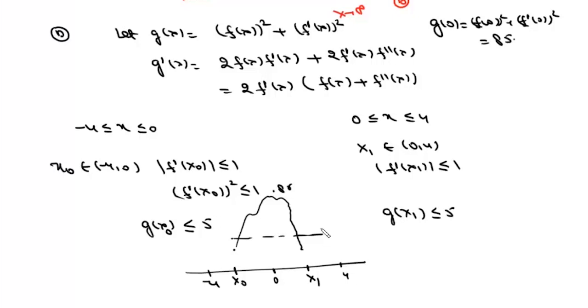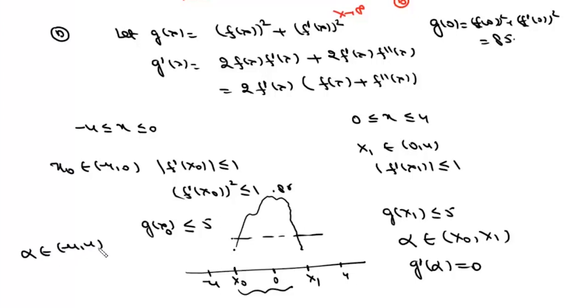Now since this function is continuous and differentiable, there exists at least one point alpha in the interval x0 and x1 where g dash alpha is equal to 0. Since this alpha belongs to x0, x1, it will also belong to -4 and 4, and then g dash alpha equals 0 means twice f dash alpha into (f(alpha) plus f double dash alpha) will be equal to 0.